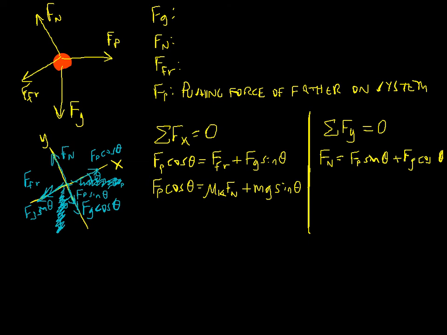And plug in the formulas that we know here. The Fn doesn't have a formula, neither does the Fp. So Fp sine theta, the only one that does have a formula is the Fg, and that's just equal to m times g.